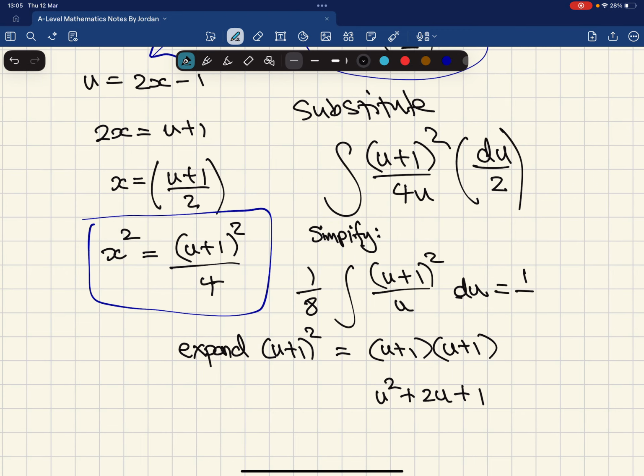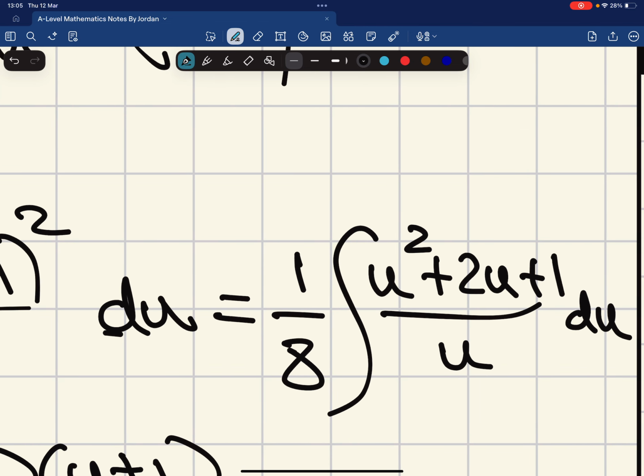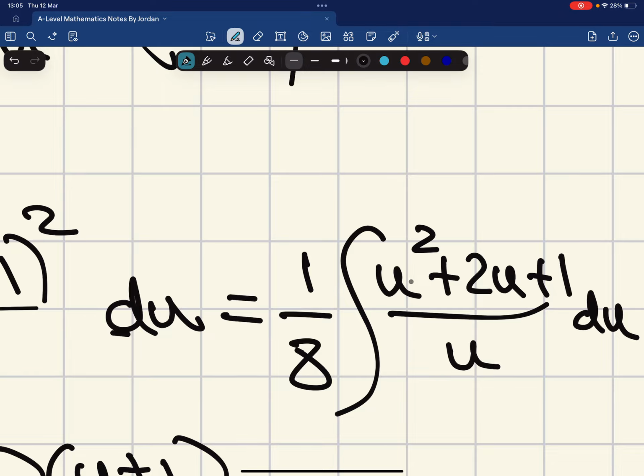So effectively this is 1/8 integral. We have u squared plus 2u plus 1 all over u, and then du at the end. Just concentrating on this part here, what you should see is that we have a u squared divided by u, we have a 2u divided by u, and a 1 divided by u.